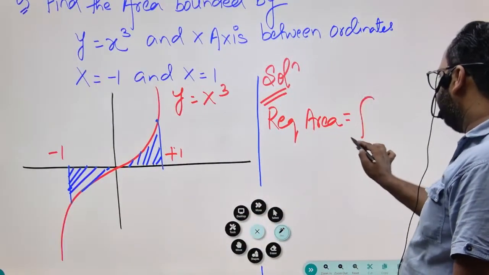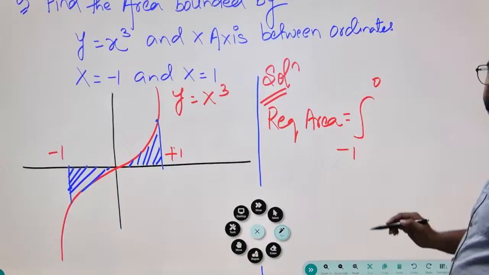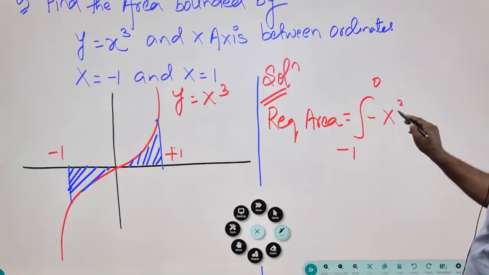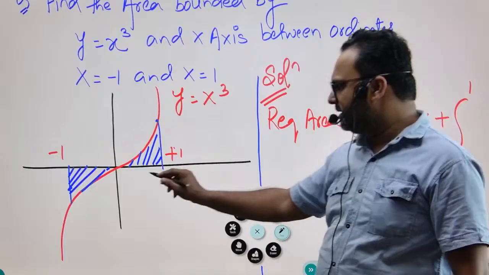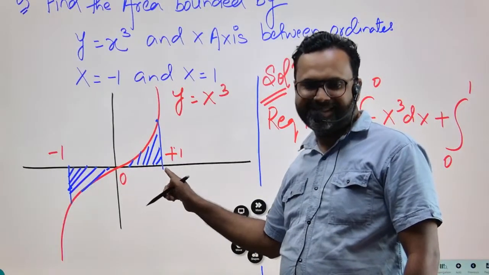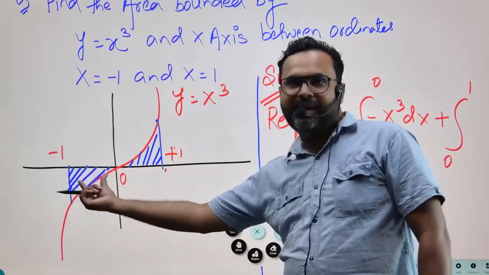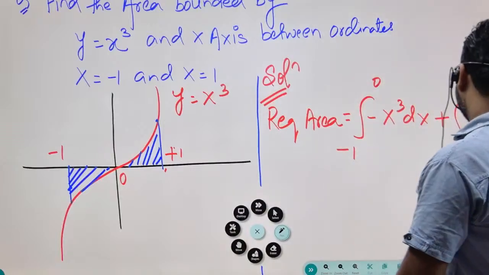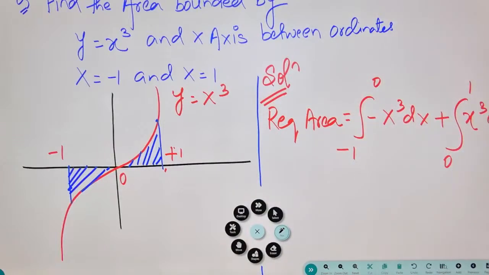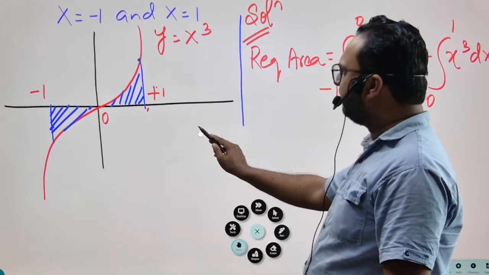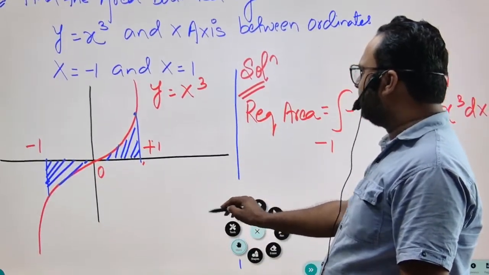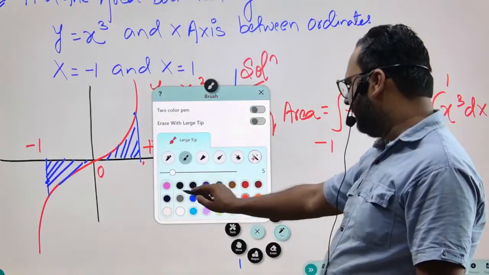From -1 to 0 of minus x cube dx, plus from 0 to 1 of x cube dx. Now I will substitute the values, simply integrate, you will get the answer.